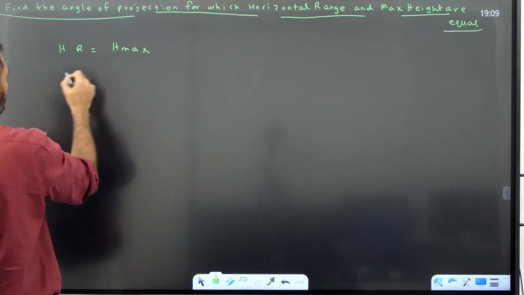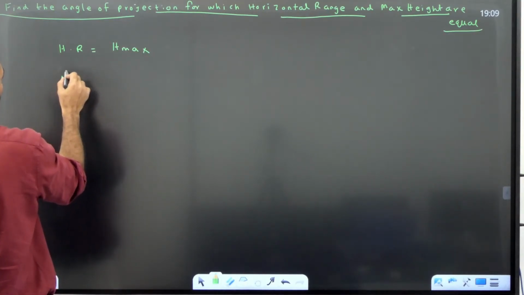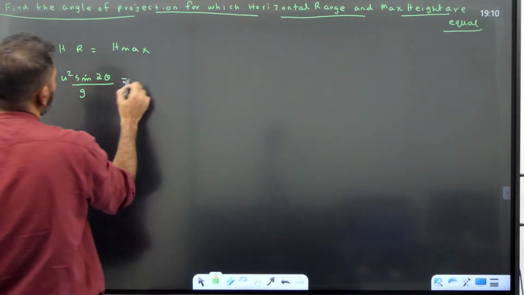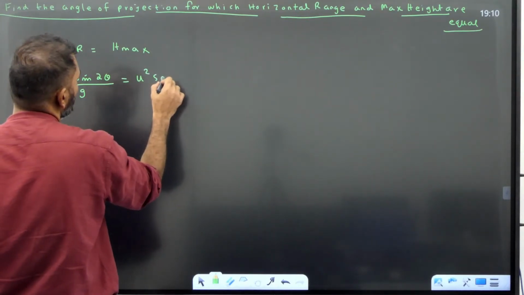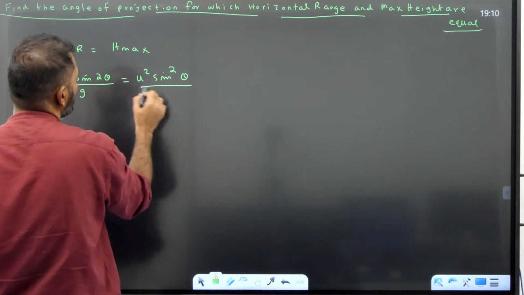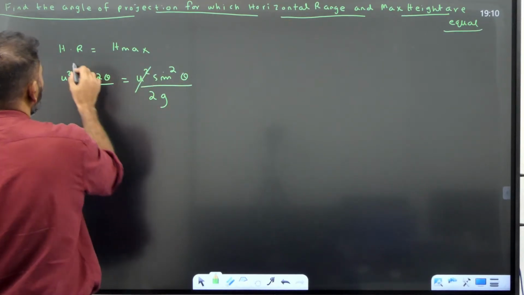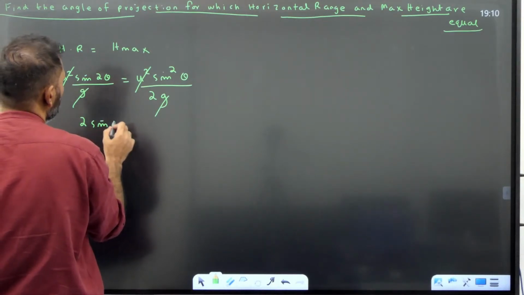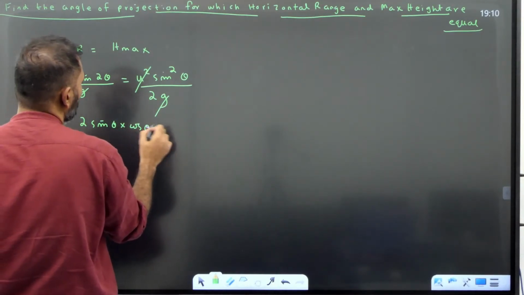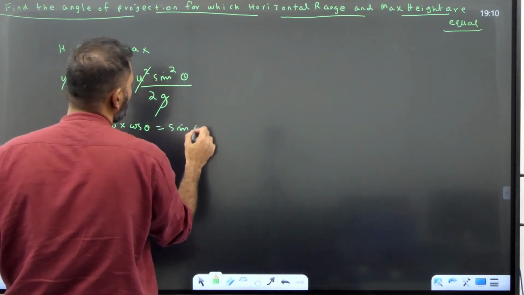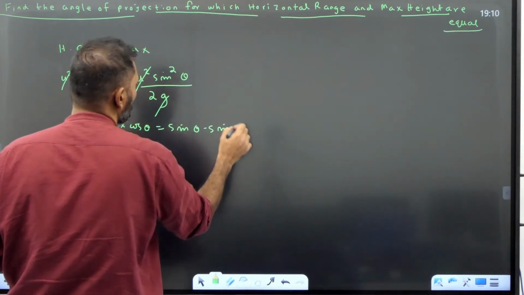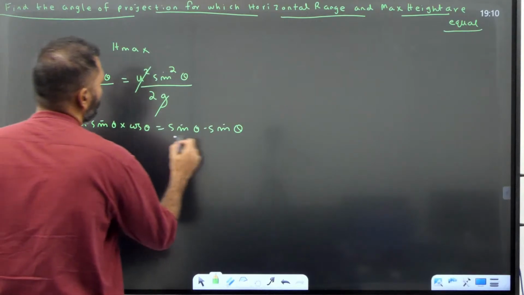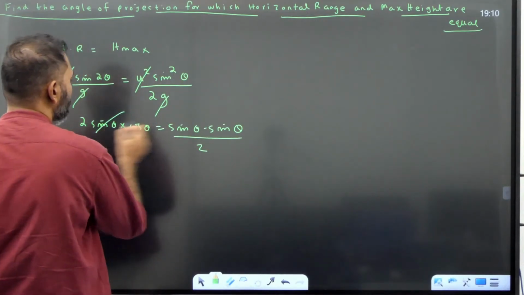Horizontal range is U square sine 2 theta by G. Maximum height is U square sine square theta by 2G. So U square gone, G gone. Instead of sine 2 theta, I am writing 2 sine theta cos theta. Here we have sine theta, sine theta, by 2, so sine theta gone.